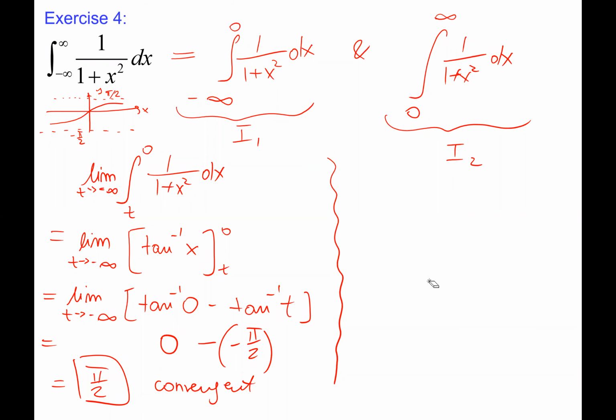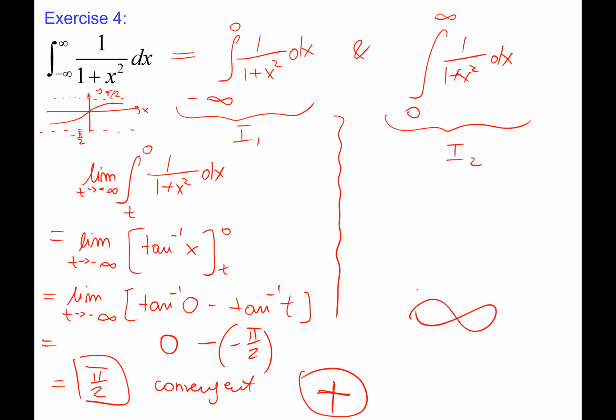Okay, and if the second one is convergent, and we can assume that it is convergent, I can add the answers together. But I have a message for you. If one of the integrals is divergent, then we just say that the entire integral is divergent.